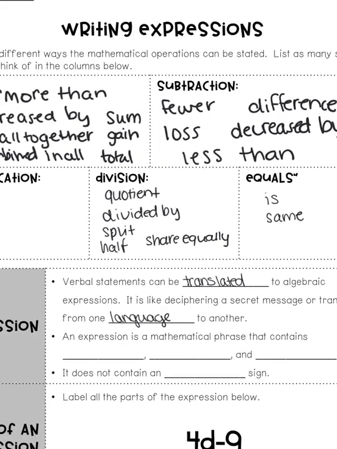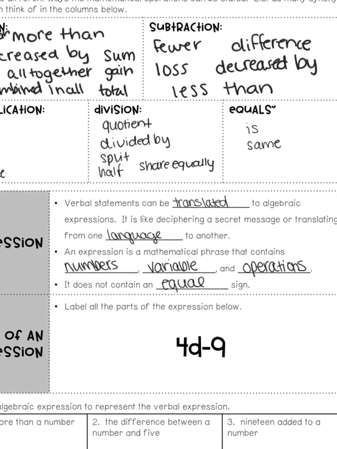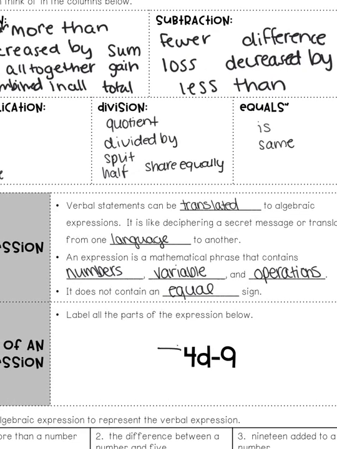So an expression is a mathematical phrase that contains numbers, variables, and operations, and it does not contain an equal sign. Okay, if it has an equal sign, it's an equation, not an expression. So the parts of an expression are going to be right here. We have that 4 is what we call a coefficient. The number that's right in front of the variable is called a coefficient.